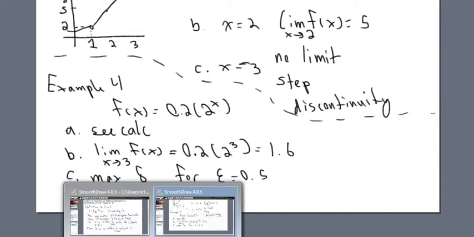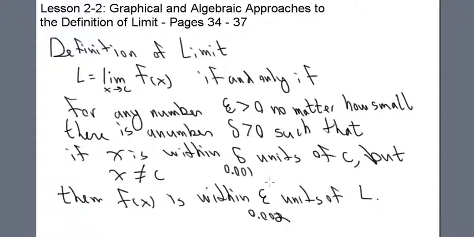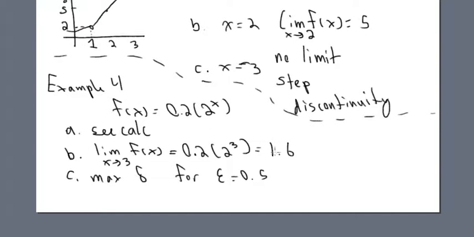So remember from our definition of a limit, epsilon is how far away our ending value is from the actual, and delta is our input from the actual. So if we want to be within 0.5 away from 1.6, that means we need to be somewhere from 1.1 to 2.1. Now, if we're somewhere from 1.1 to 2.1, then that's not too much of an issue.